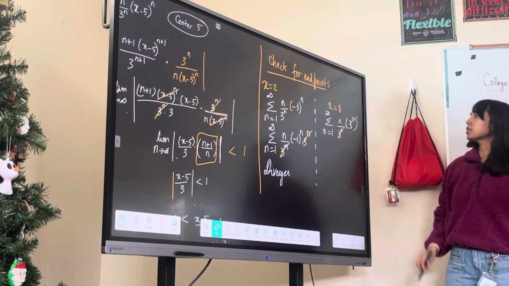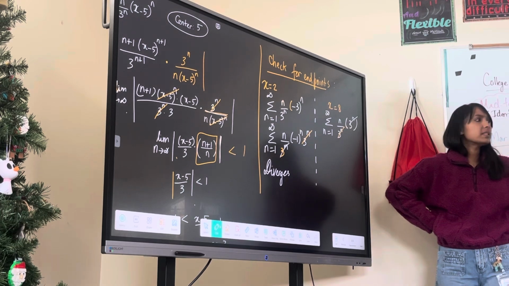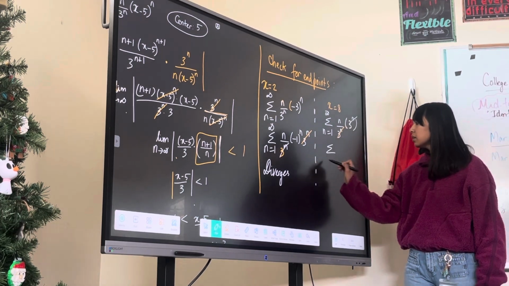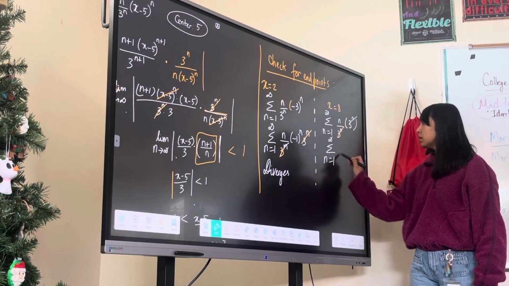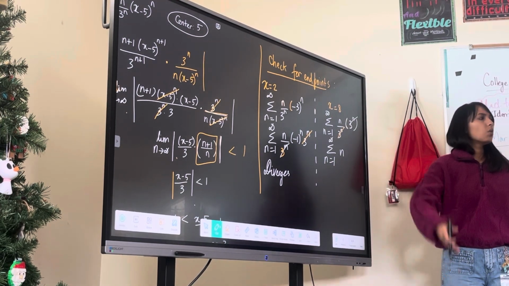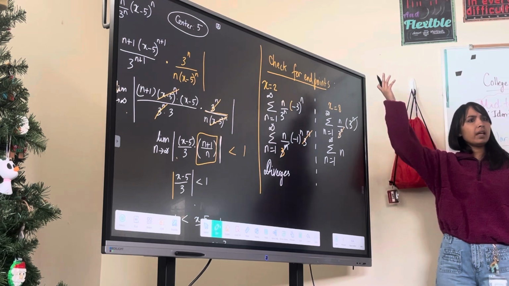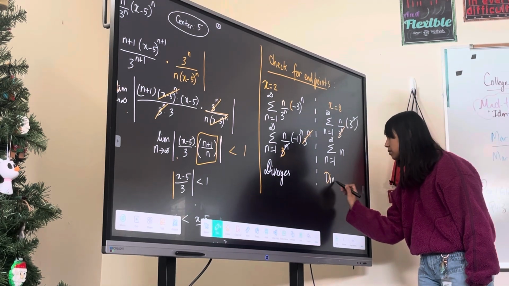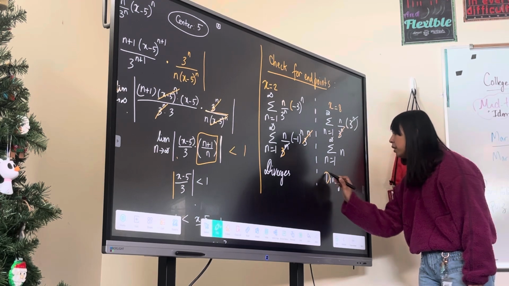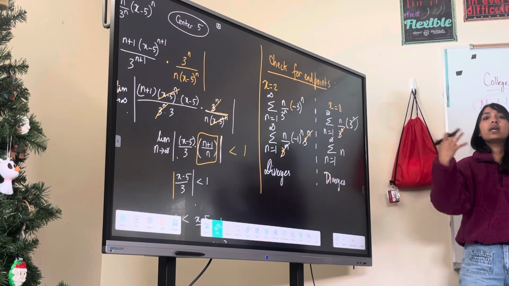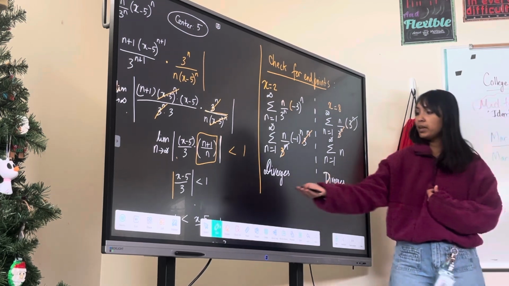Okay, what happens to this series then? It diverges, it's getting larger and larger because it's a series of natural numbers. 1, 2, 3, 4, 5, 6, 7, 8, 9, 10, and so on. This also diverges. Since both of the endpoints diverge, we can just say the interval is what we have.